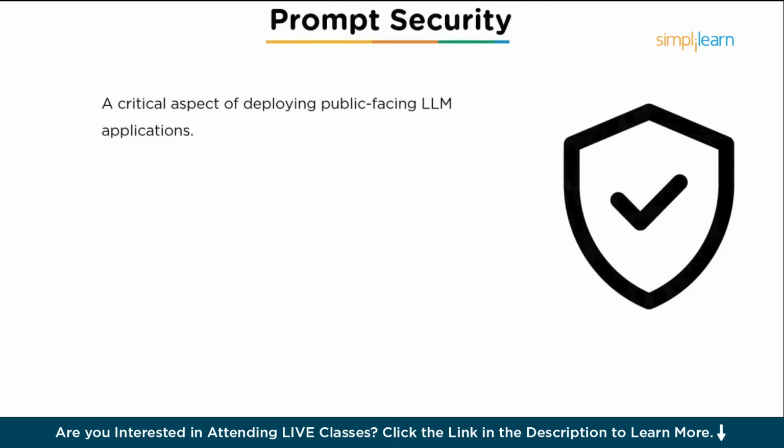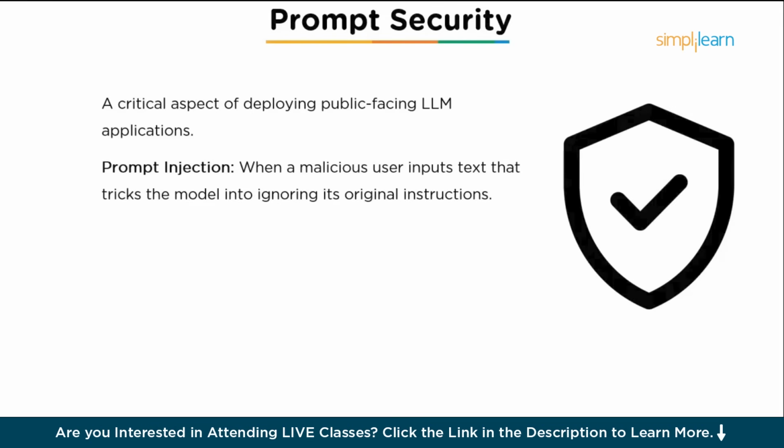Prompt security is a critical aspect when deploying any public facing large language model application to prevent malicious manipulation. The primary concern is prompt injection, which occurs when malicious users input text designed to trick the model into ignoring its original instructions or performing unintended actions.